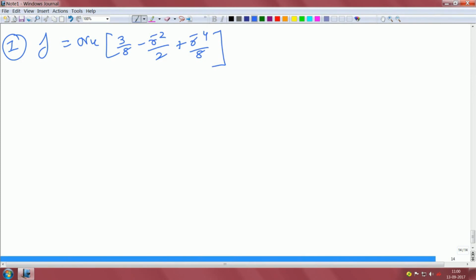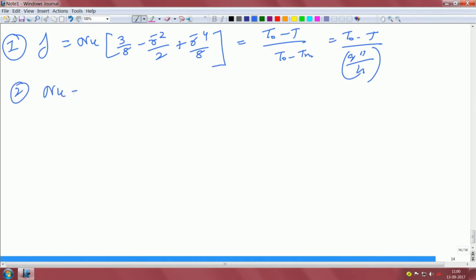And what was f, if you recall? F was basically T naught minus T by T naught minus Tm, or it can also be written as T naught minus T divided by q double prime by h, whatever it is, right? So this is the definition. The second finding is that the Nusselt number was 4.36.